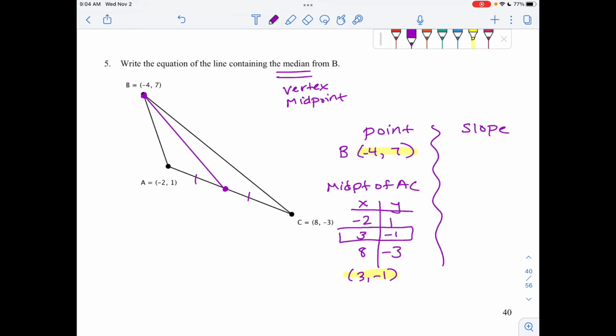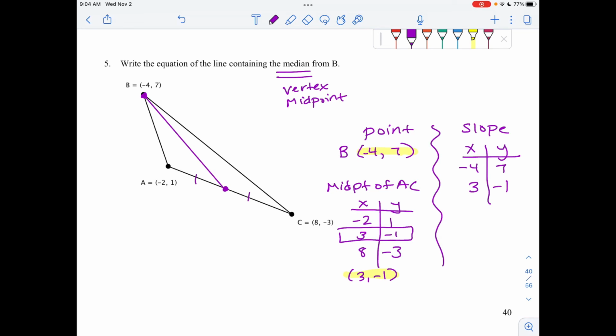And so when I'm trying to find the slope of this line, I can't use this perpendicular slope because it's not perpendicular here. But whenever I know 2 points on a line, I can just calculate the slope between them. So my first point was -4, 7, point B. And my second point that I know is on the line is that midpoint that I calculated, 3, -1.